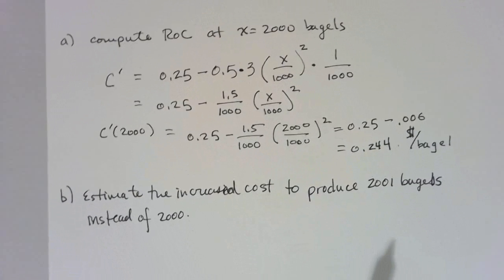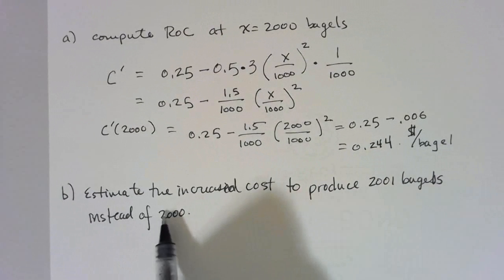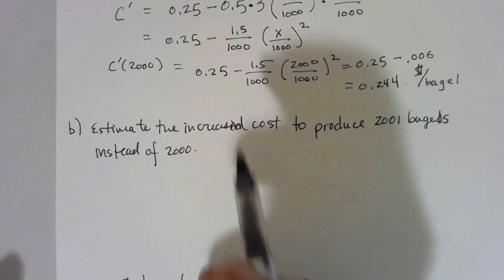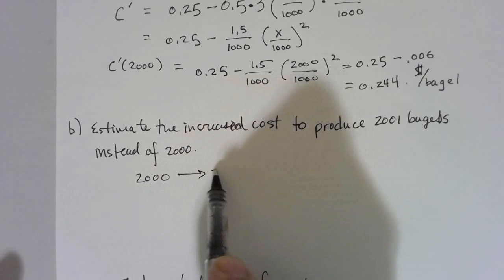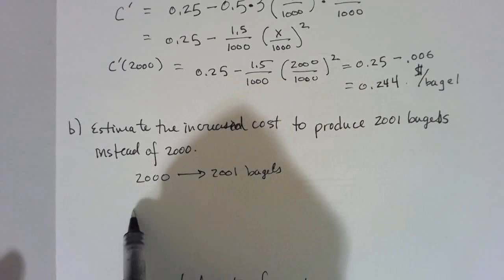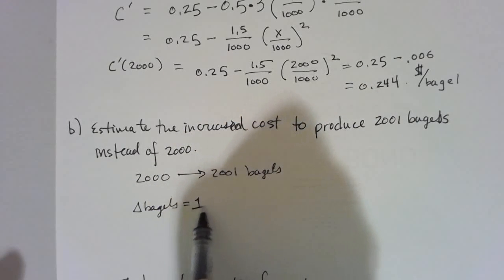What does that mean? Well, let's estimate the increased cost to produce 2001 bagels instead of 2000. So we're going to use this derivative, and since we're going from 2000 to 2001 bagels, my change in bagels is 1.